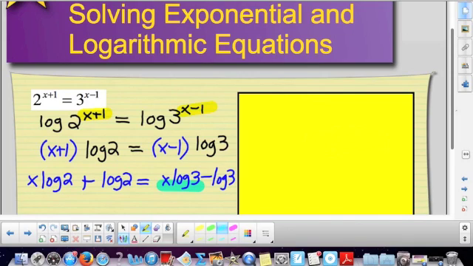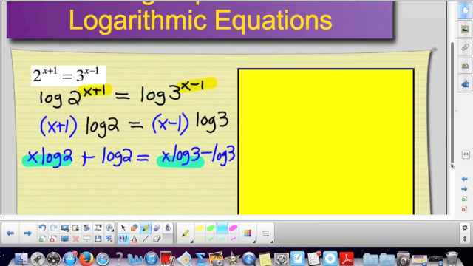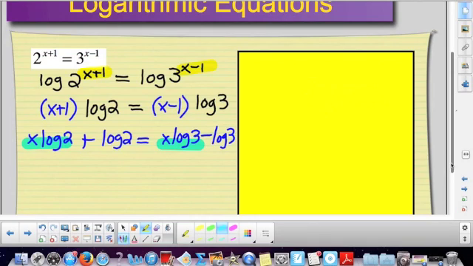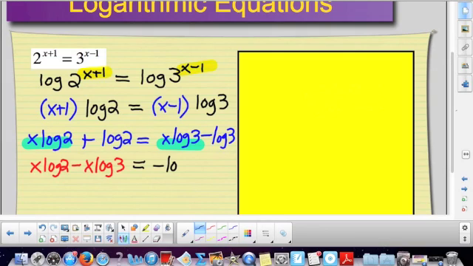So I know that and that are my x terms. I want them on one side. So I have x log 2 minus x log 3 is equal to negative log 3 minus log 2.